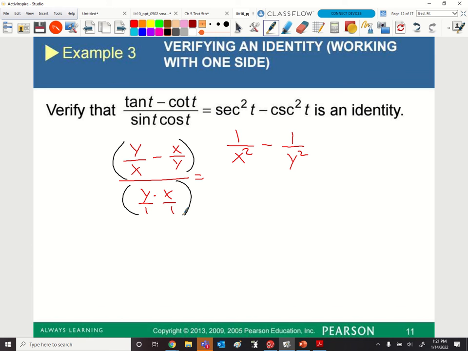So it's going to be xy, isn't it? So when I do that, I'm going to multiply by xy divided by xy. If I multiply by the same thing on top and bottom, I get 1, right? Now, if I multiply something by 1, I get the same value.